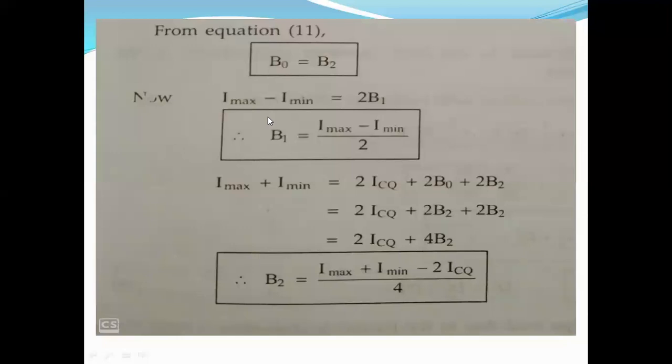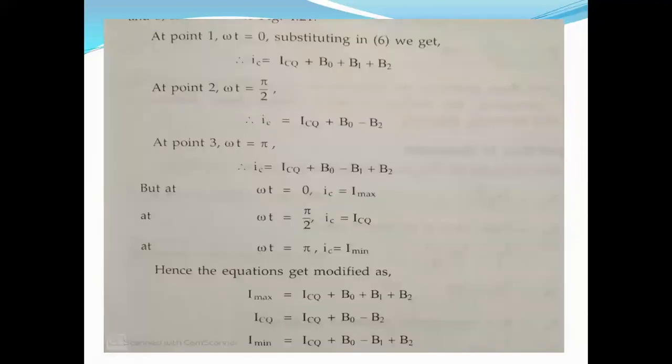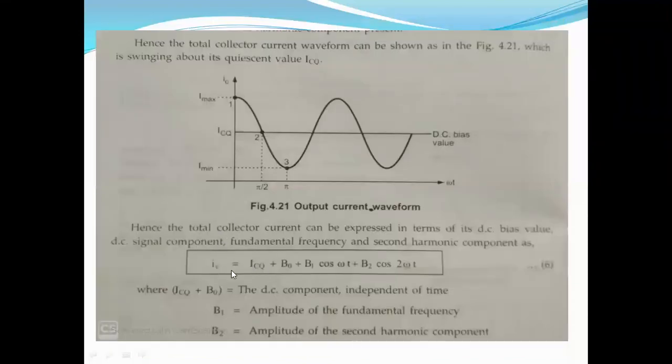At point 1, omega t is 0. Here we have the equation IC is equal to ICQ plus B0 plus B1 cos omega t plus B2 cos 2 omega t. Let us substitute omega t is 0.